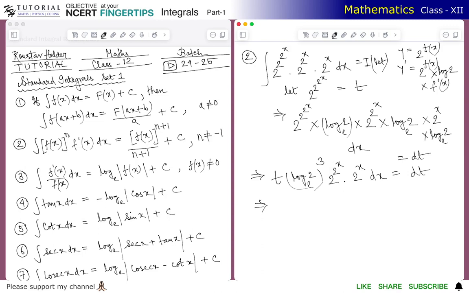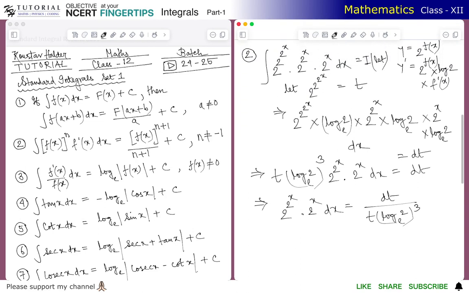This implies log e 2 cube into t, so 2 to the power x into 2 to the power x dx equals dt by t log e 2 cube.